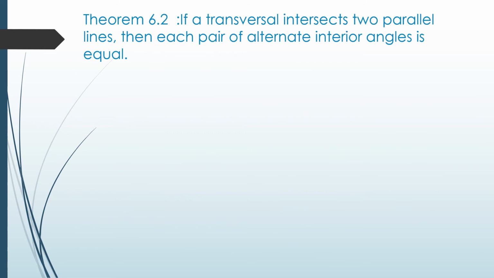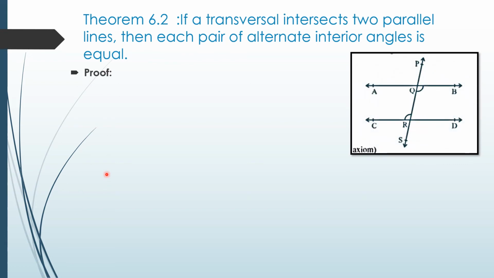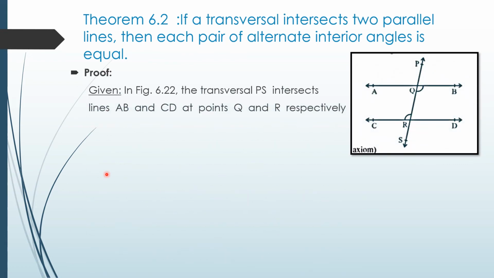Next is theorem 6.2. If a transversal intersects two parallel lines, then each pair of alternate interior angles is equal. So let's see the proof of it. Here we are given that a transversal PS intersects two parallel lines AB and CD at points Q and R. We have to show that each pair of alternate interior angles would be equal.